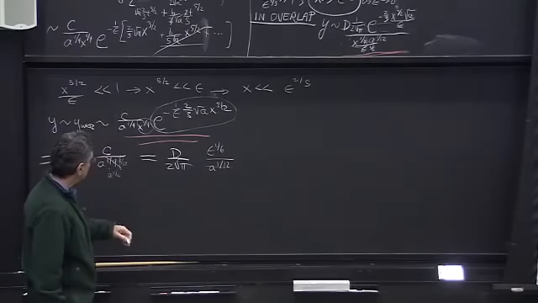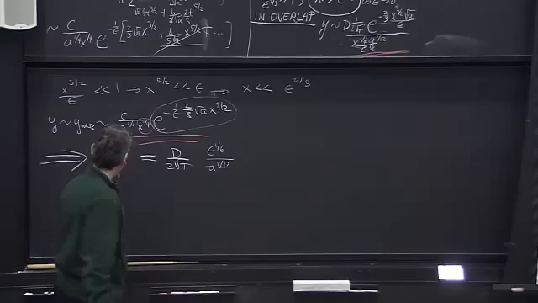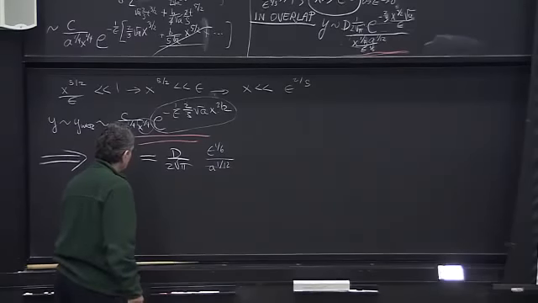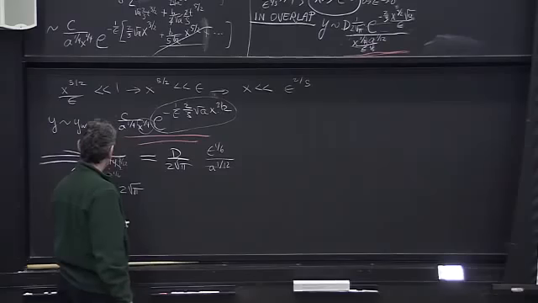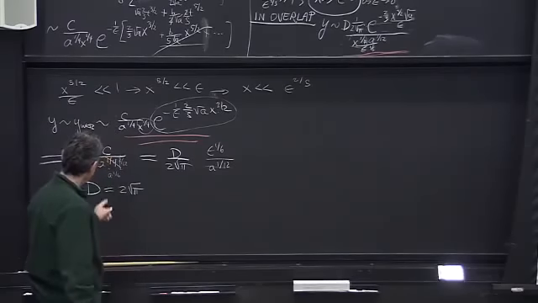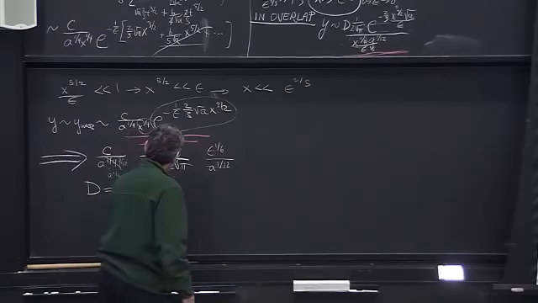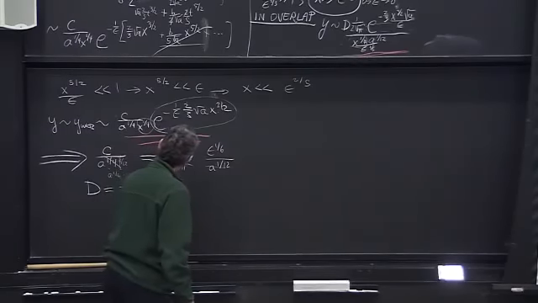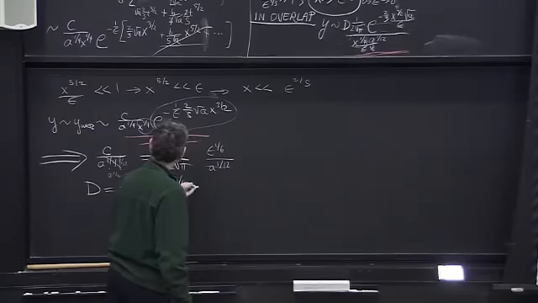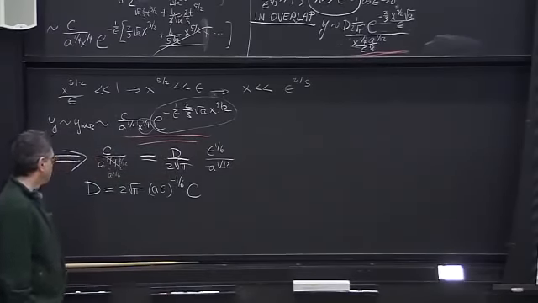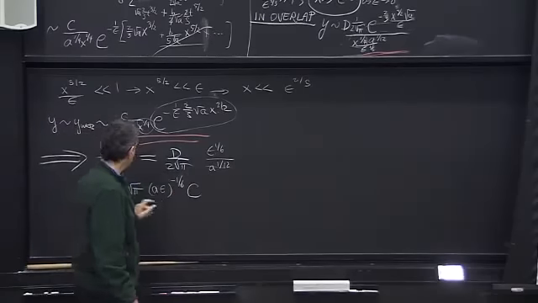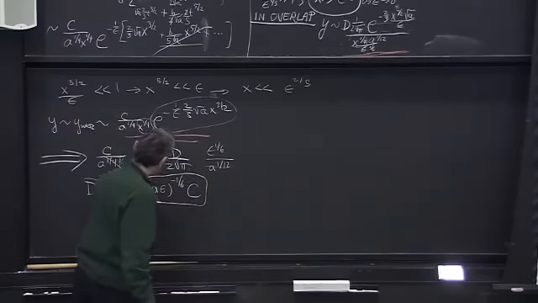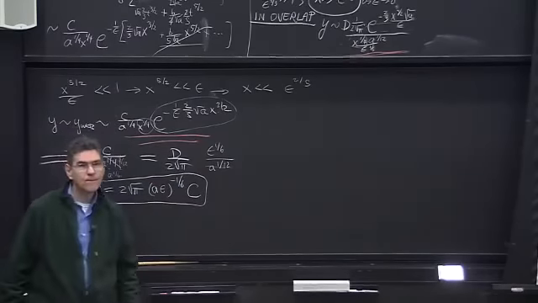So if I solve for d, for example, I get d is equal to 2 times the square root of pi times a to the minus 1/6, epsilon to the minus 1/6 times c. All right, here's an a to the minus 1/6, an epsilon to the minus 1/6. That is my conclusion. Okay?